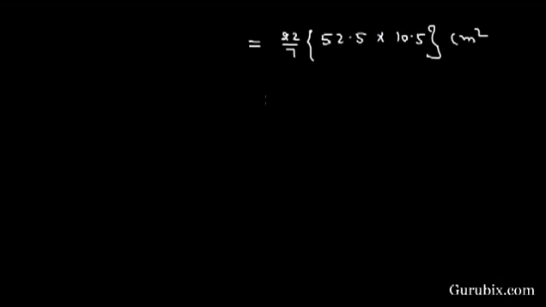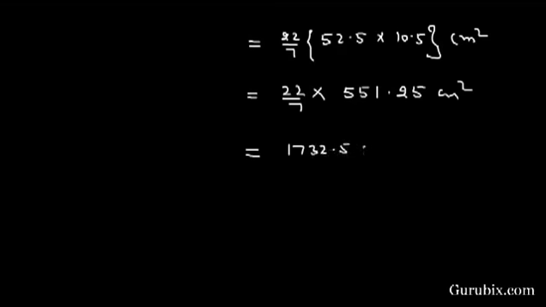If we further solve this value, this is equal to 22/7 times, if we multiply 52.5 with 10.5, then we have 551.25 centimeters square. If we further solve it, this is equal to 1732.5 centimeters square.